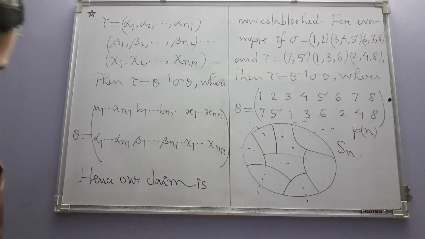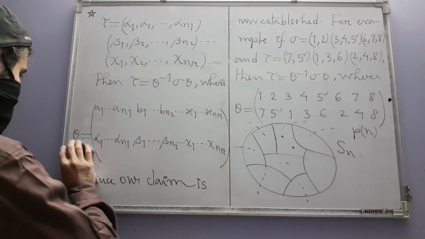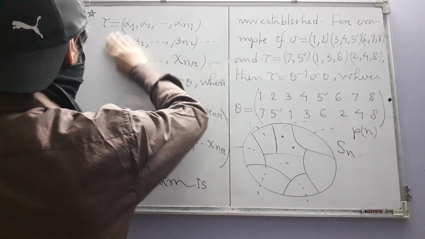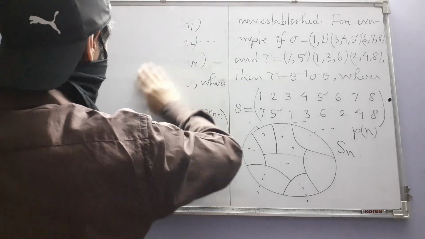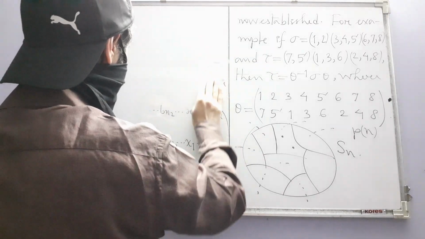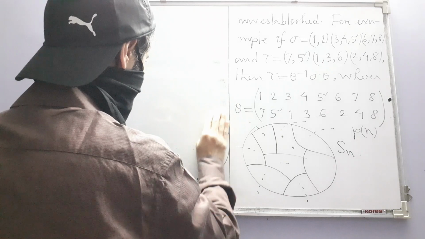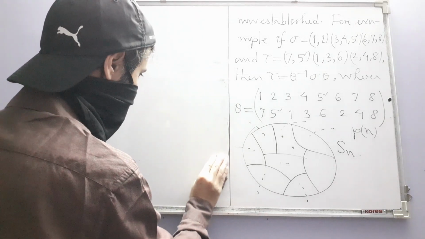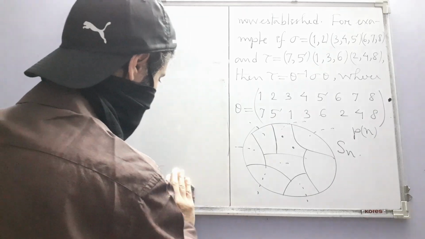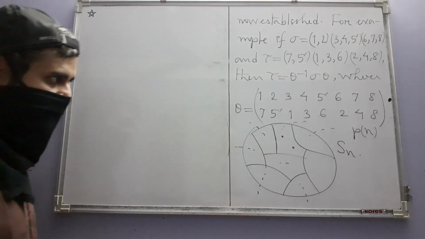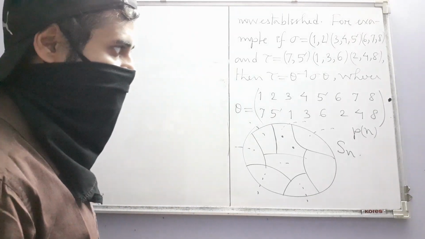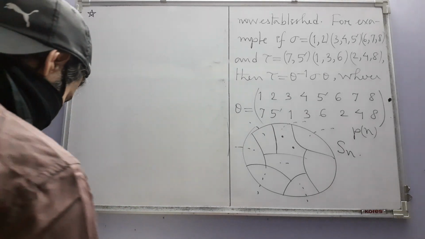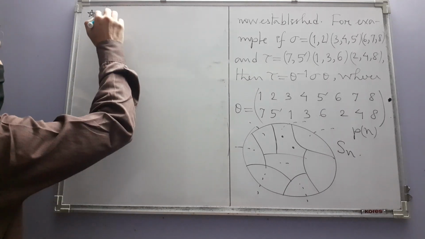So this fact is written as a lemma in the text. We know precisely what permutations are conjugates to one another, and at the same time we also know the number of conjugate classes. So this is very nice, and the lemma is written like this.